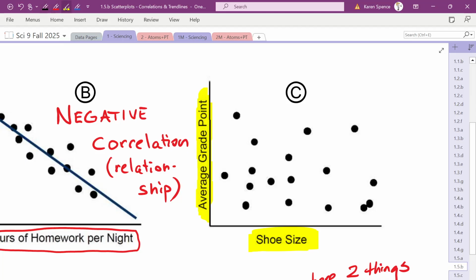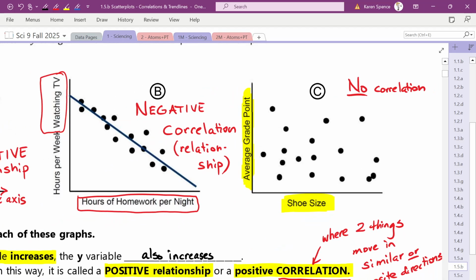So this is no correlation. So positive correlation, negative correlation, no correlation.